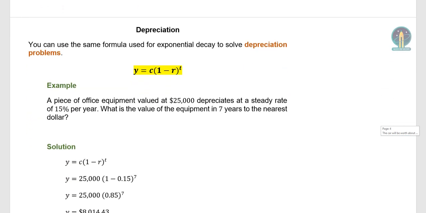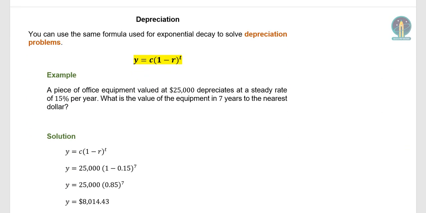Okay, so now again, just to hit the point home for depreciation. You can use the same formula used for exponential decay to solve depreciation problems. Like we said, it's the same formula for exponential decay and depreciation.